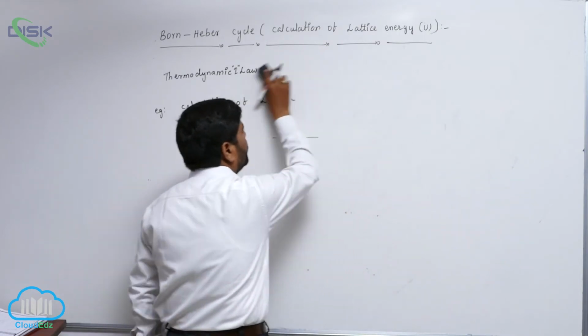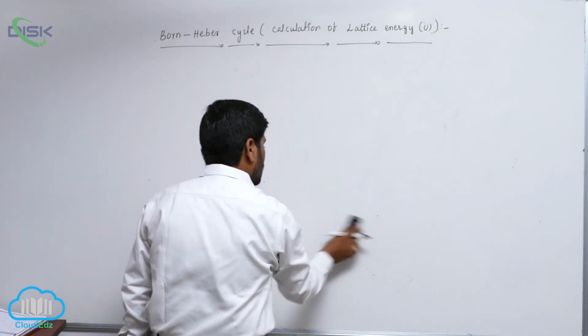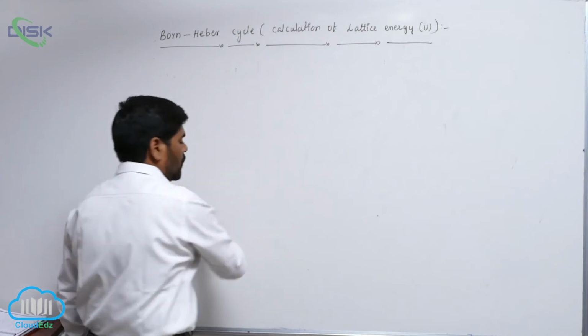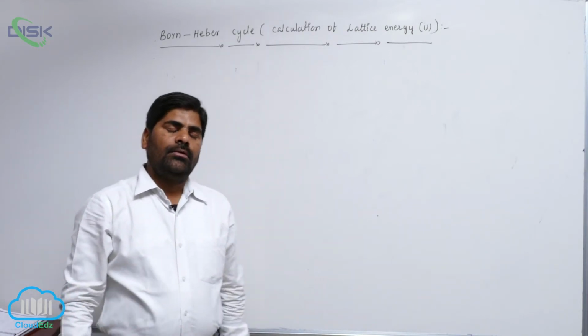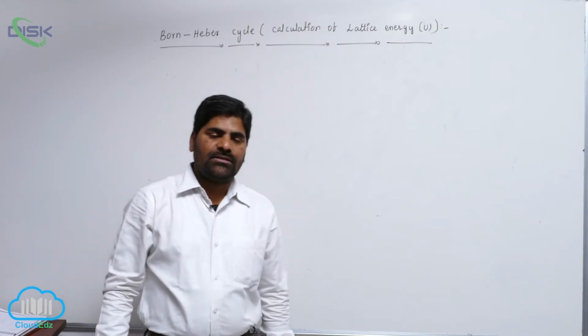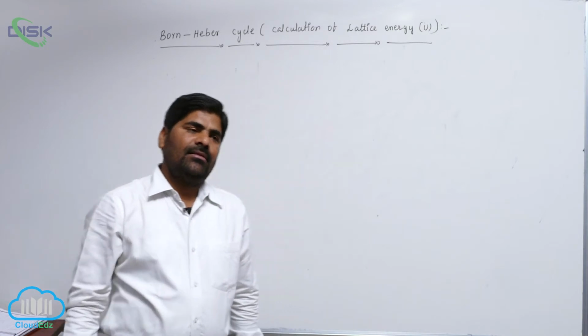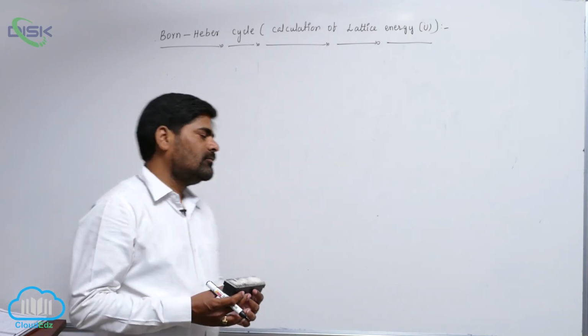Third one is dissociation of Cl2 molecule. First, sodium solid converts into vapor in the sublimation process. This gas liberates one electron, converts into which one? An ion.